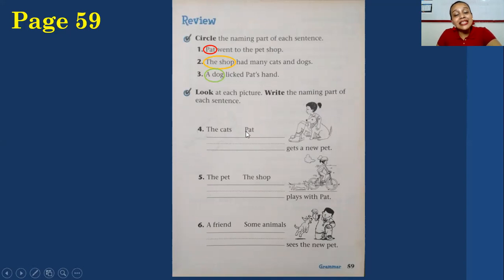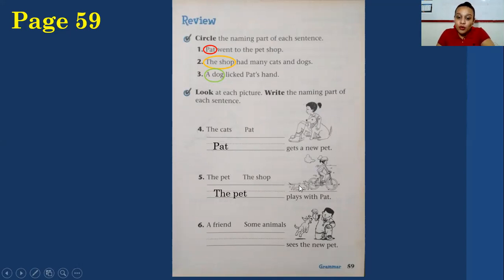But to complete these sentences, first I have to look at each picture, and then complete the sentence. So, the cats get a new pet, or Pat, the girl, Pat gets a new pet. Which is the best one for you? Yes, it's Pat, the girl. She gets a new pet. Good, excellent. Number 5, the pet plays with Pat or the shop plays with Pat?